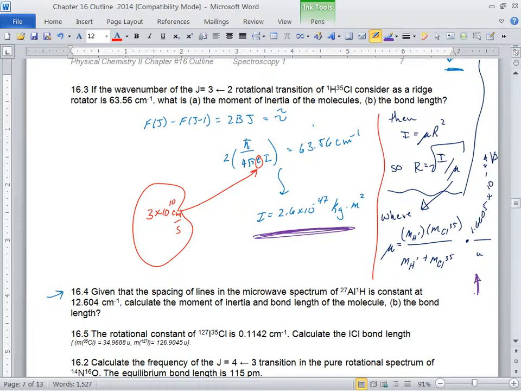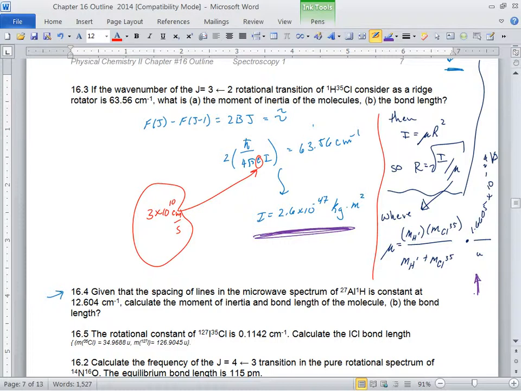How did I end up with kilograms meters squared? How did I end up with joules? What you can do is put in what h bar is. No, joules times second. And what's a joule?